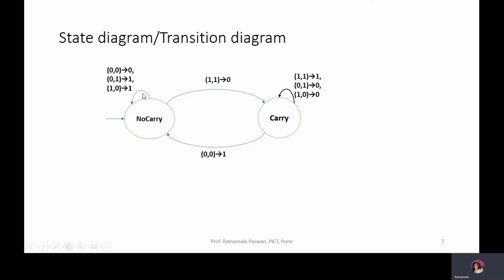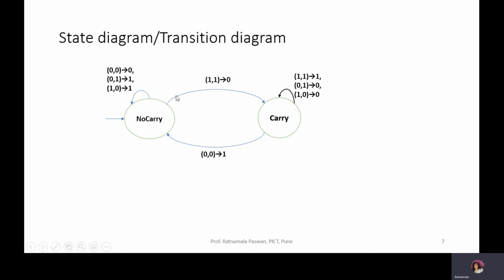These edges are called transitions, and they are labeled with some labels you can find here. We read the label as input and output, and based on this input and output it takes the transition. For the first three inputs, the transition is to the same state, that is no carry.